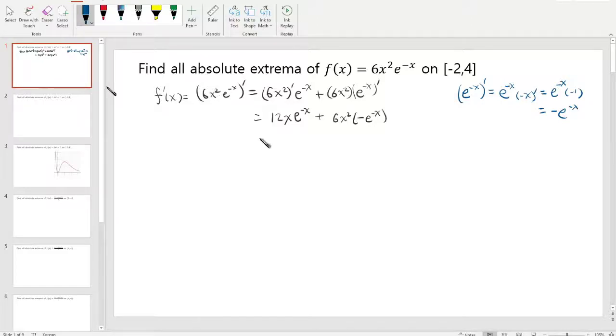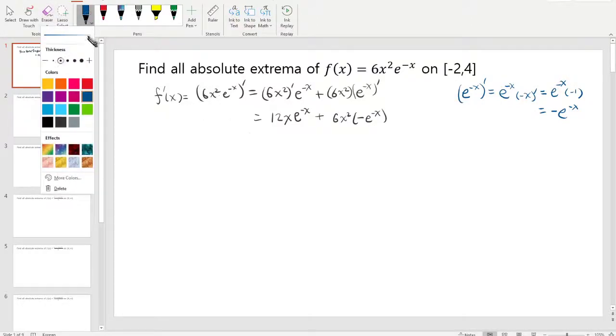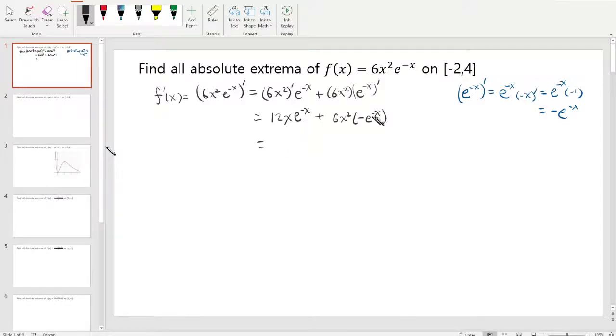And then furthermore, I see that these have the common factor e to the negative x. So let's simplify. There are many questions you may have solved that do not require algebraic simplification, but when you have to use the derivative for other purposes, you do have to know how to simplify it.